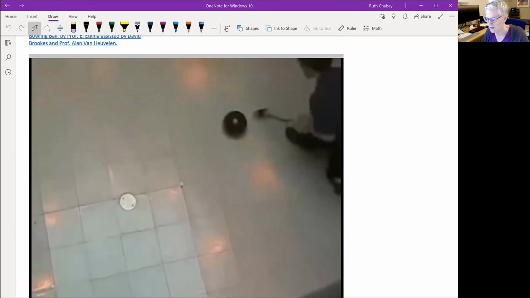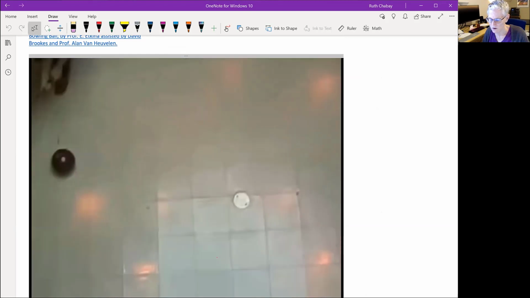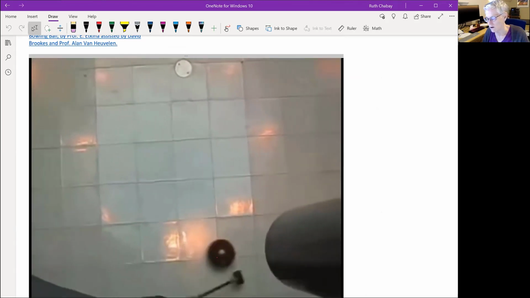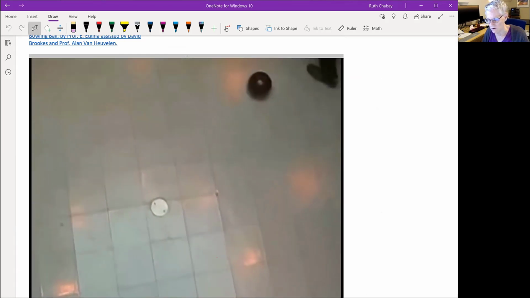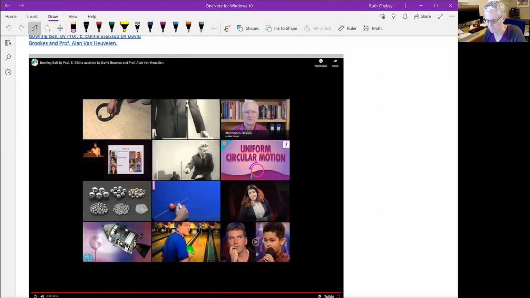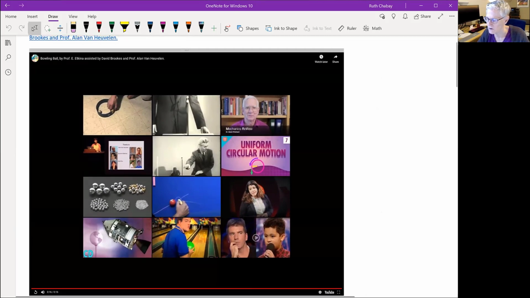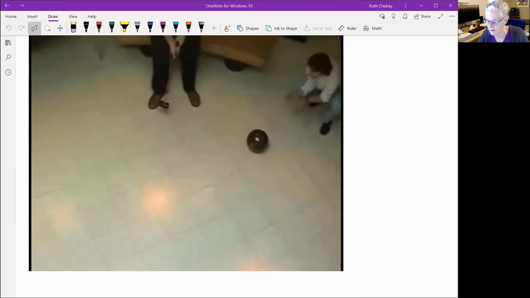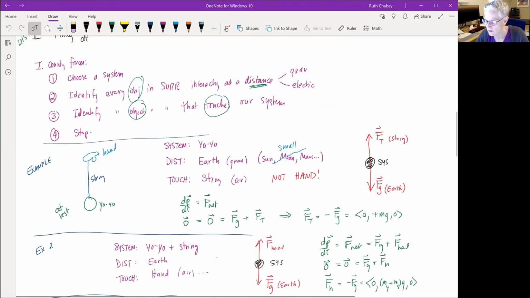Notice that he really is hitting it toward the center of the circle. He's not hitting it in the direction he wants to go. He's not hitting it away from the center of the circle. And then when he stops hitting it, it goes in a straight line. So that's a key feature.